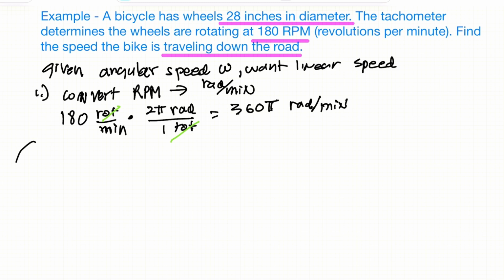So for our wheel, we know that it's 28 inches in diameter, so the radius is 14 inches, because it's just half of the diameter.